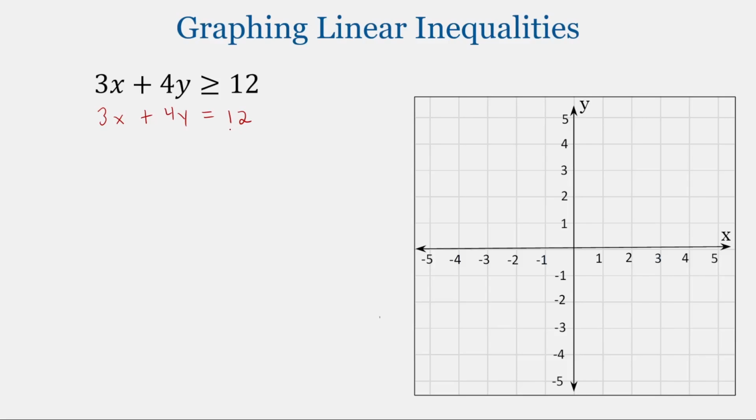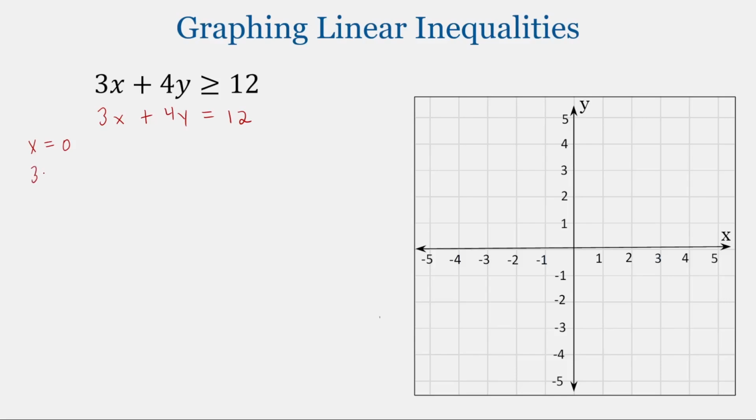Now how you graph this line is up to you, but one possible way is to find both the x-intercept and the y-intercept. With those 2 points, we can then connect the dots to get our line. To find the y-intercept, we set x equal to 0 and solve the equation.